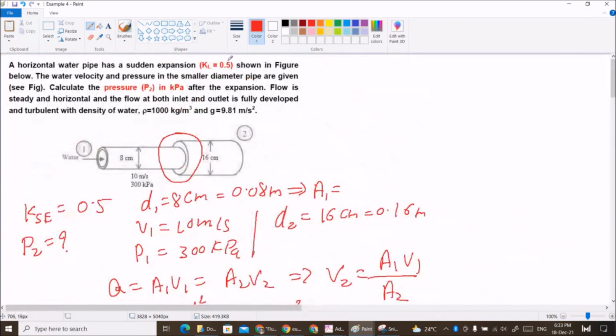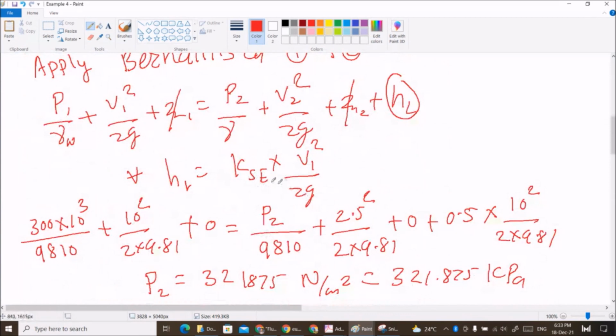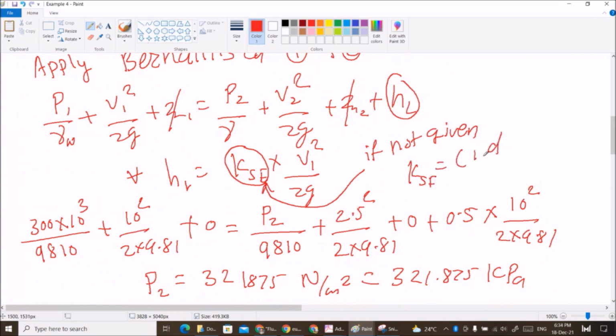So this problem can be modified, as we don't know this K. Why is it given? All the diameters are given, so we can find out K_SE. If K_SE is not given, then we can find K_SE is equal to 1 minus (d1 square divided by d2 square) whole bracket square.